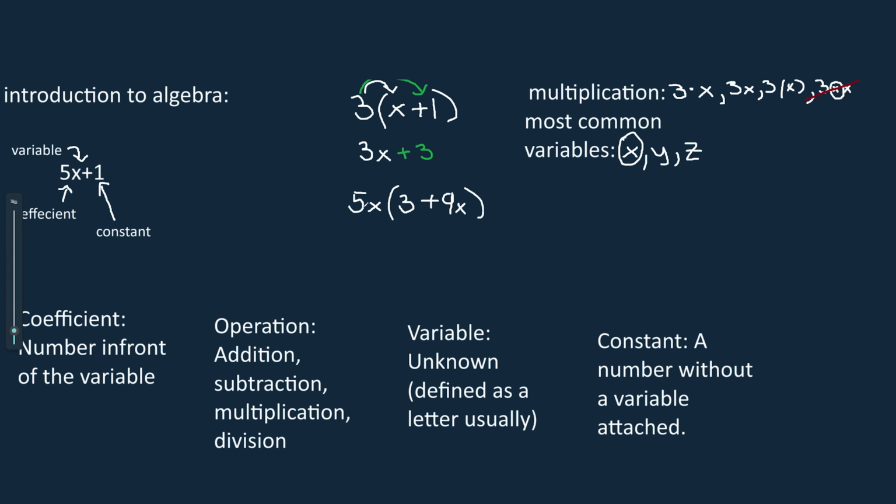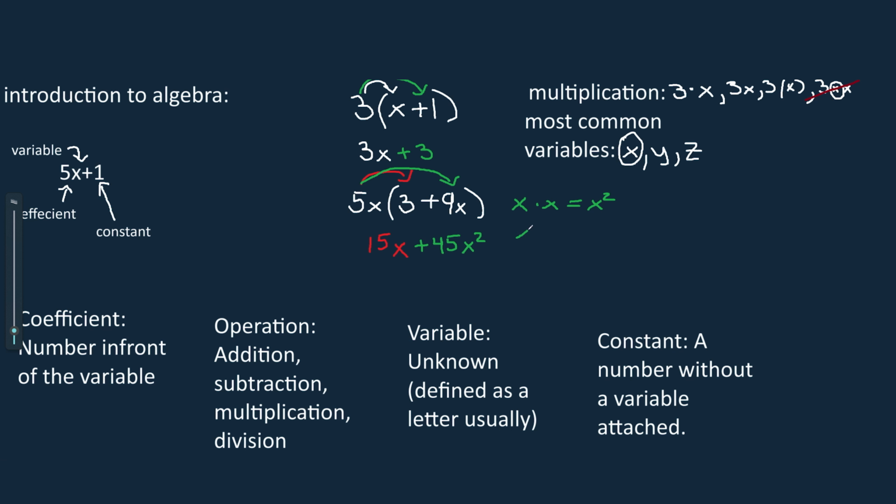So 5x times 3 is 15x, and 5x times 9x is actually 45x squared. The reason being is because when you multiply x by x, you get x squared.